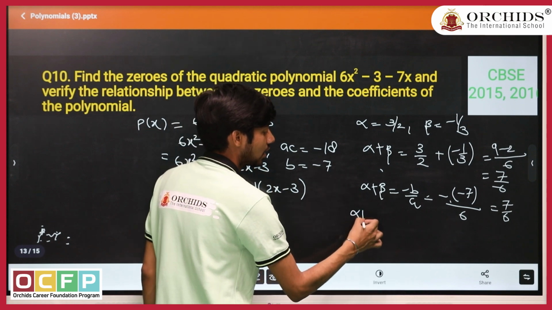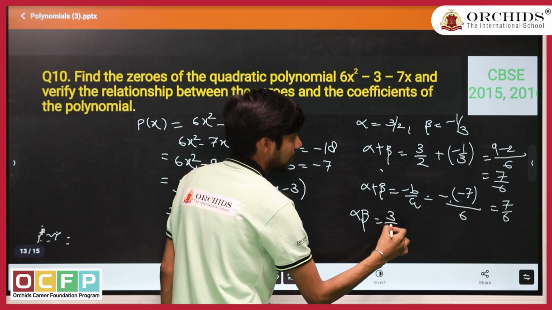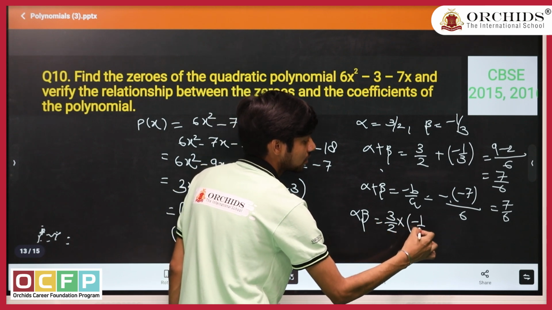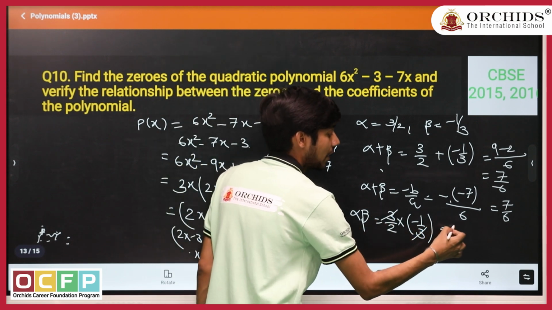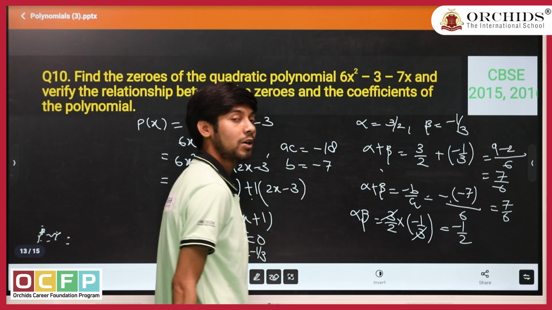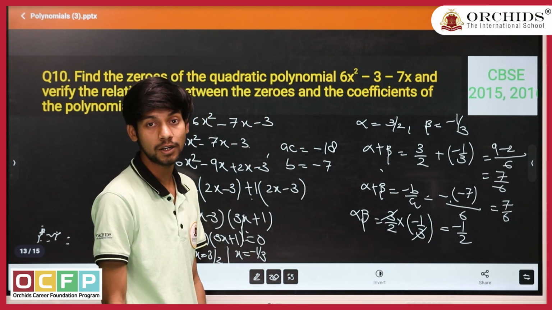Similarly, alpha into beta: alpha is 3 by 2 and beta is minus 1 by 3. This 3 and this 3 cancel out, we are getting minus 1 by 2. And what is the relation of product of zeros with the coefficient? We say that alpha into beta is equal to c by a.